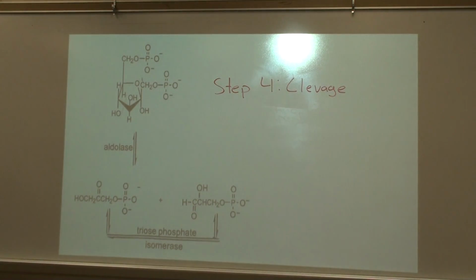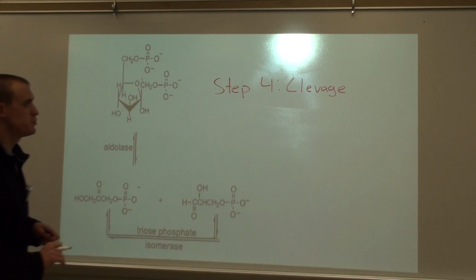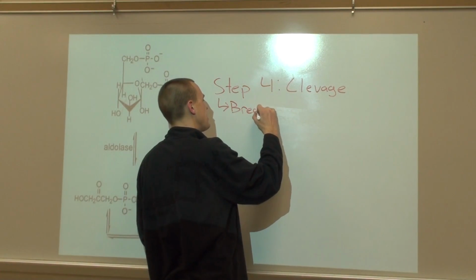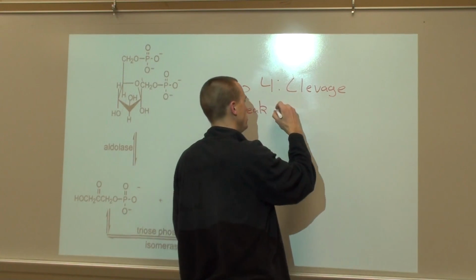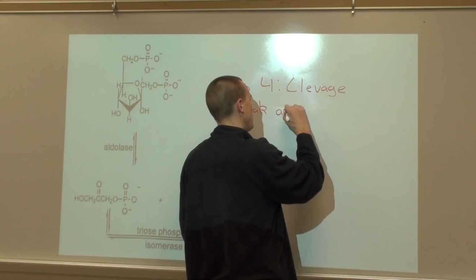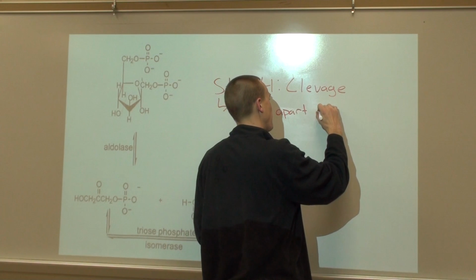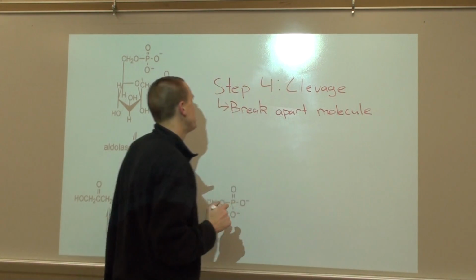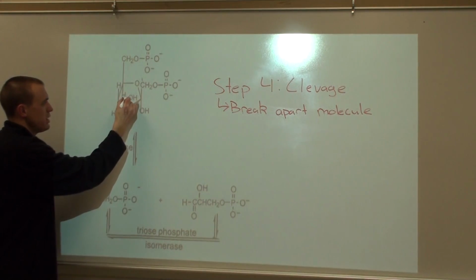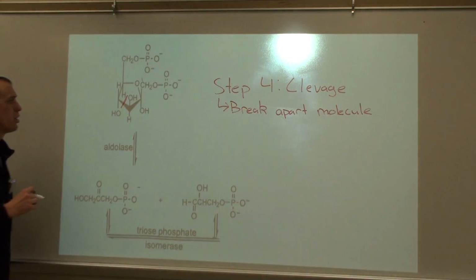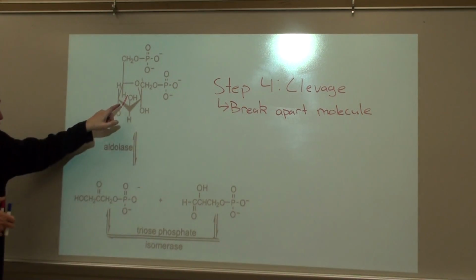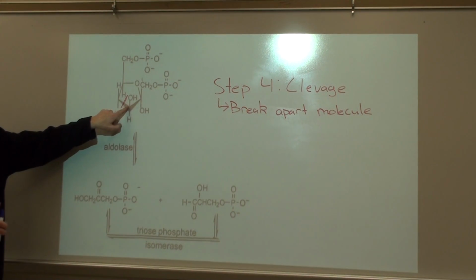Or essentially what we are doing is we are breaking apart our molecule that we start up here. And so specifically, we are breaking apart our fructose 1,6-bisphosphate right here where I drew this red line.